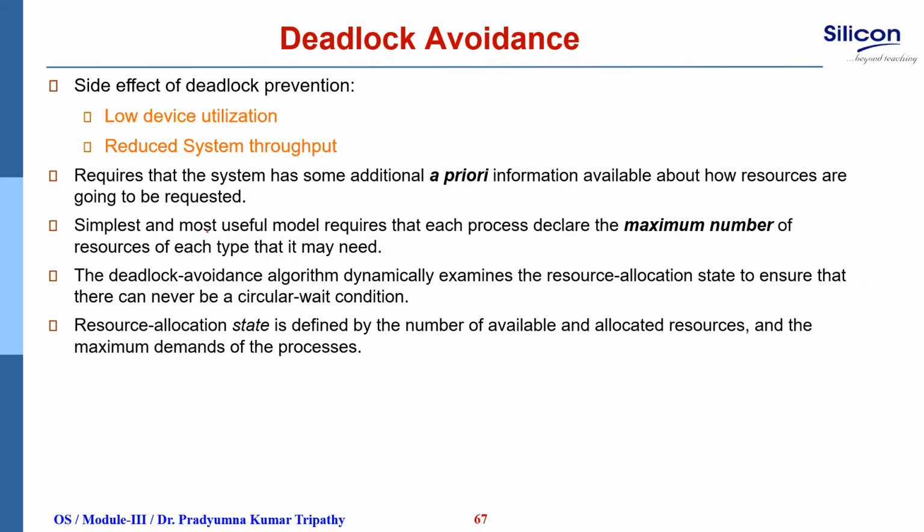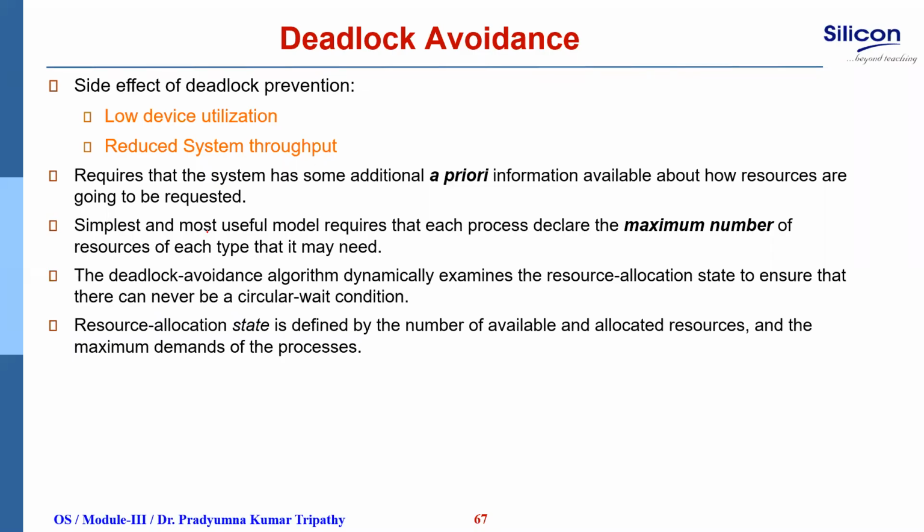And we know that if circular wait will not occur, then deadlock will not occur. So before allocating any resource, we check that it should not lead to a deadlock state. Right? So that is what we call a deadlock avoidance algorithm.